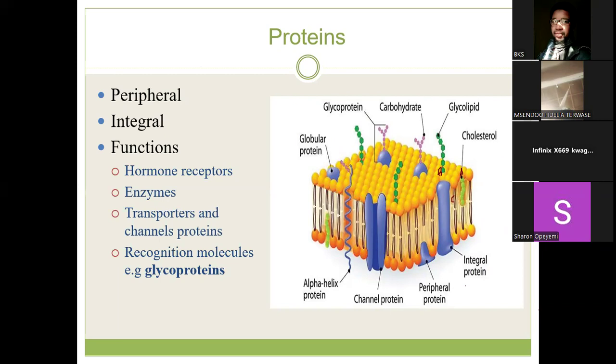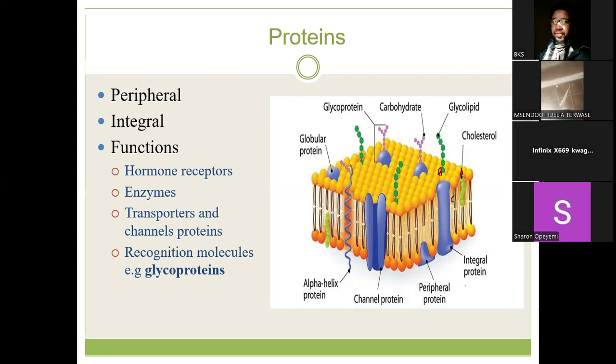There can be channels that allow the movement of electrolytes like potassium, calcium, sodium, etc. They can also serve as recognition molecules like glycoproteins, just like we mentioned when we discussed liposomes specifically interacting with immunoglobulins in cancer cells. Is that clear? So it can be peripheral or integral.